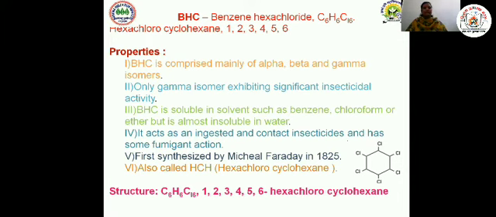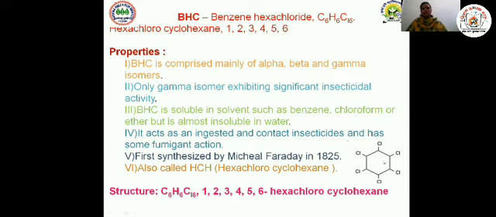BHC is soluble in solvents such as benzene, chloroform, or ether, but insoluble in water. It acts as an ingested and contact insecticide and has some fumigant action. It was first synthesized by Michael Faraday in 1825, also called HCH, that is hexachlorocyclohexane.